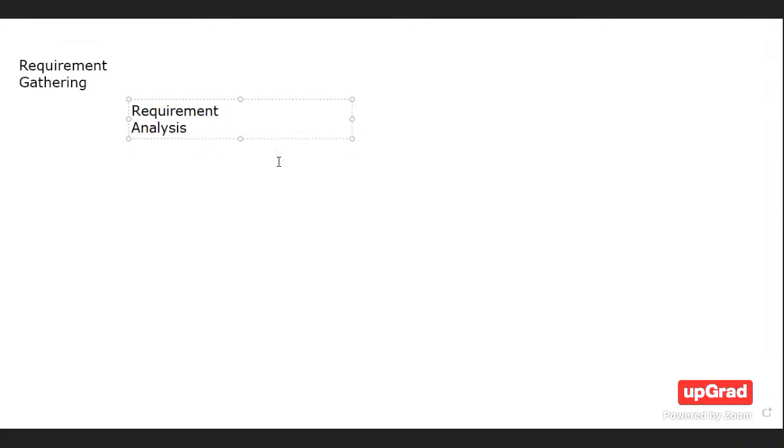Then we do design, which is the phase that we need to discuss today. Then we do coding, plus unit testing as well. Unit testing is something which developers do, in general.